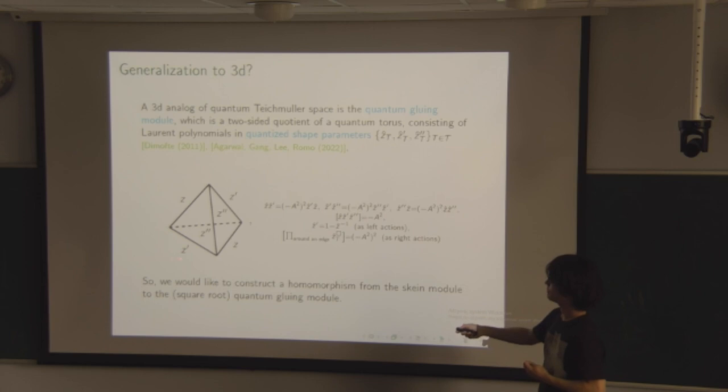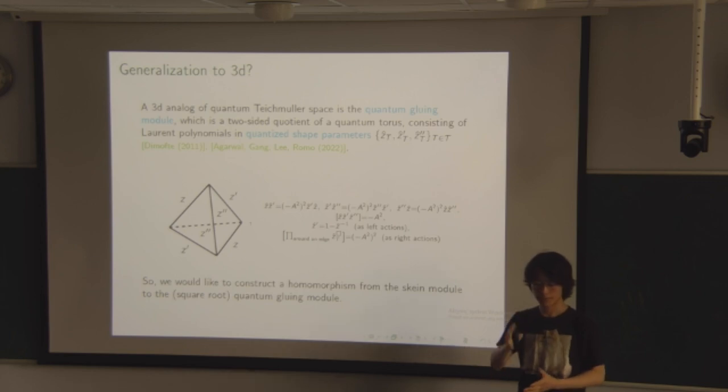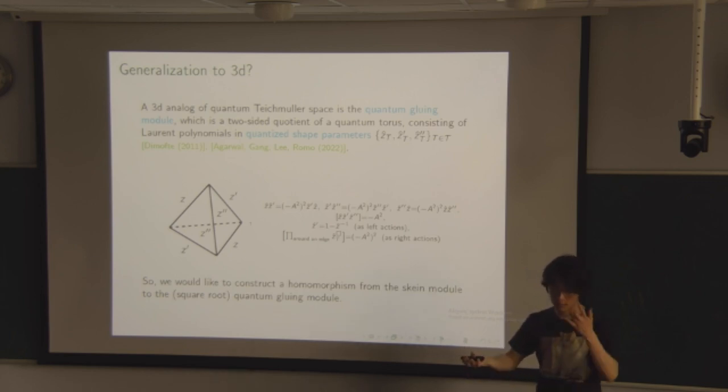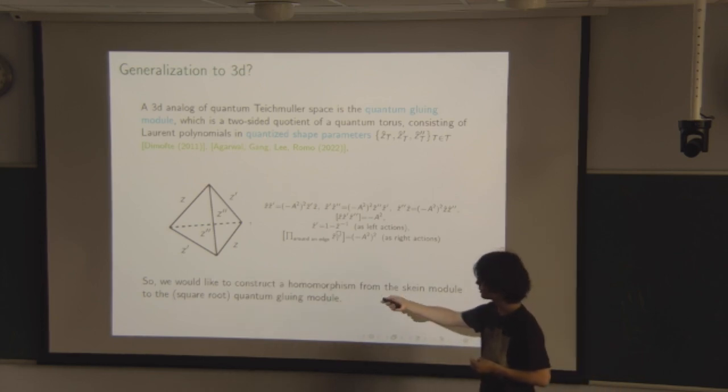So roughly, we start from an ideally triangulated three-manifold. So we've cut our three-manifold into ideal tetrahedra. Then for each ideal tetrahedron, there are 3 pairs of opposite edges, right? So there are 6 edges in total, so there are 3 pairs of opposite edges.